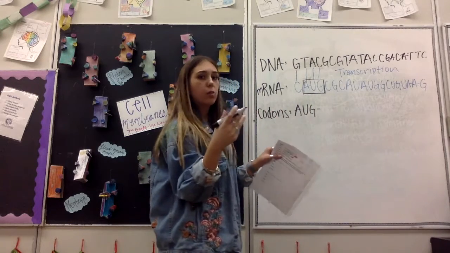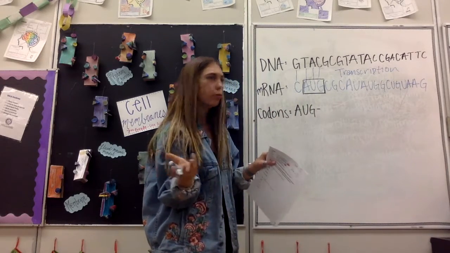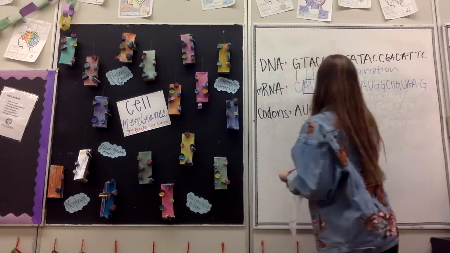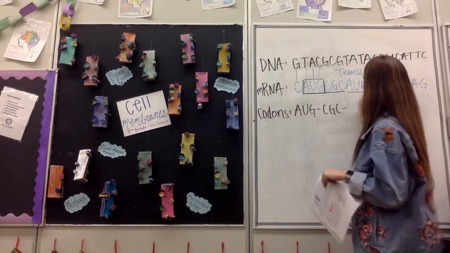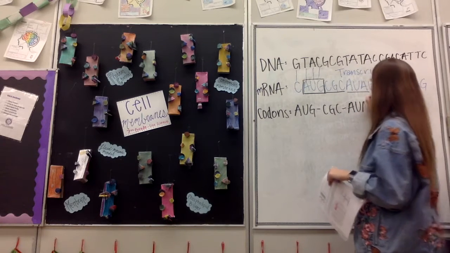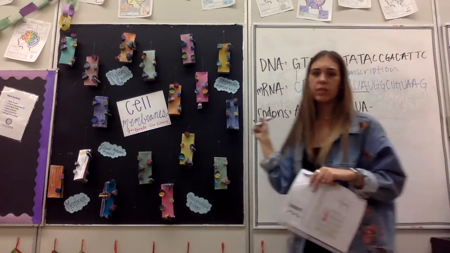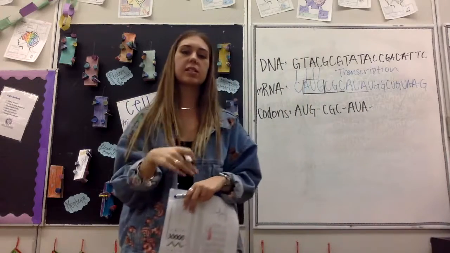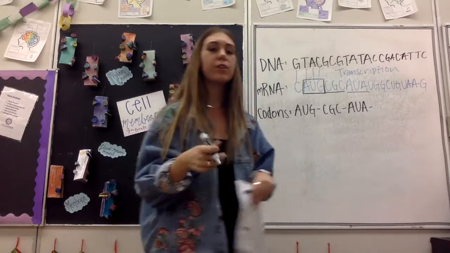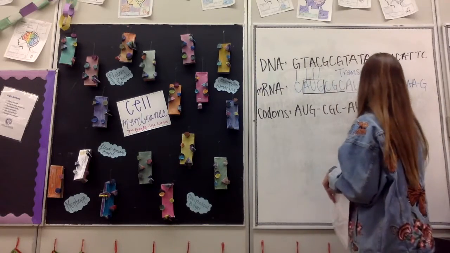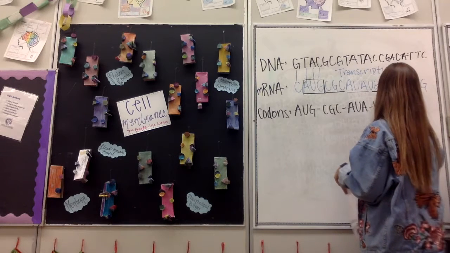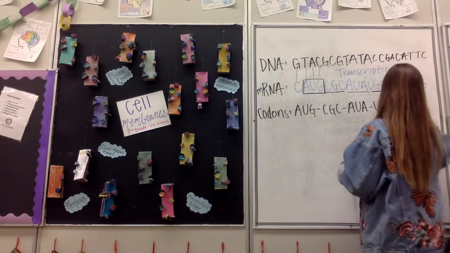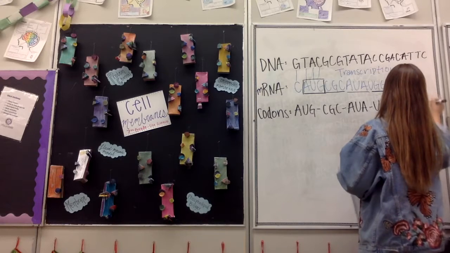But now, because I have my first codon, I'm going to go in 3s and just bring them down. So my next 3, CGC. My next 3, AUA. I would highly recommend writing down these 3 with the dash in between because it's going to make it a lot easier later on when you're figuring out what those codons actually mean. AUA, UGG, CUG, UAA.